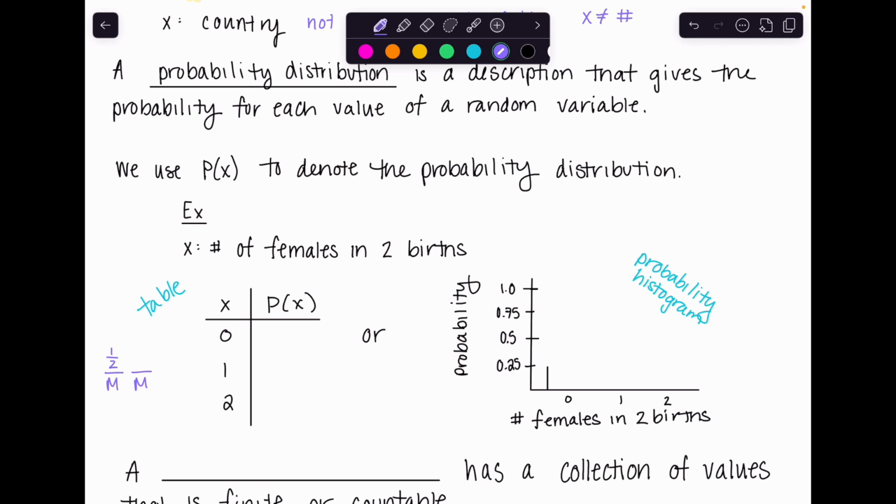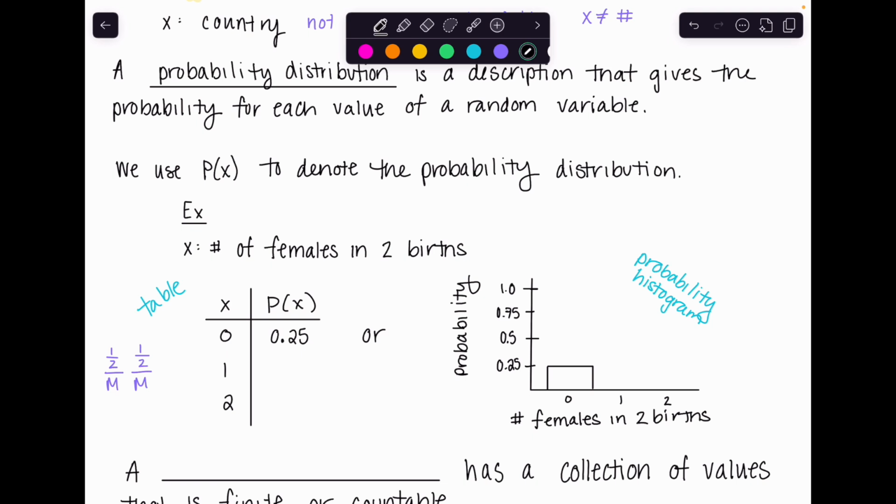So you have a 1/2 chance of getting a male the first time, a 1/2 chance of getting a male the second time, which leads to a 1/4 chance of you having no girls. So the probability of having no girls is 0.25. Okay? So the way I would describe that on my histogram is you have your side labels, which you can't go past 1. So this first bar ends at 0.25.